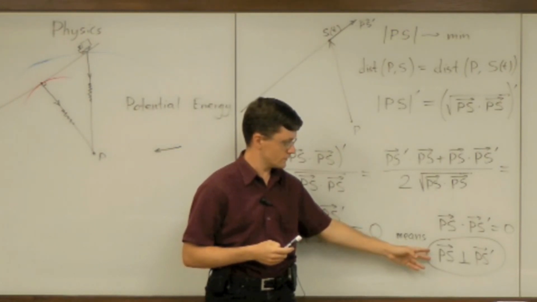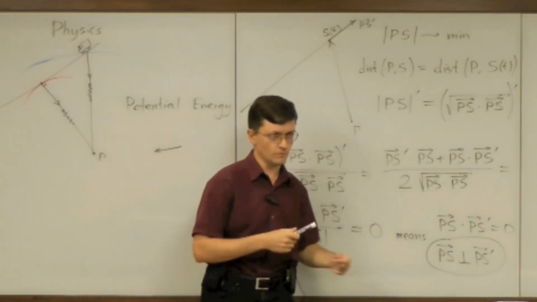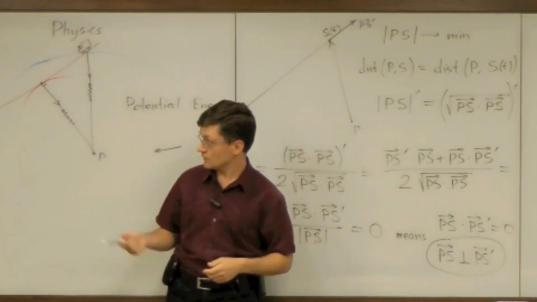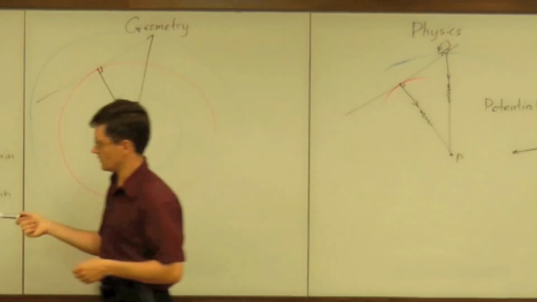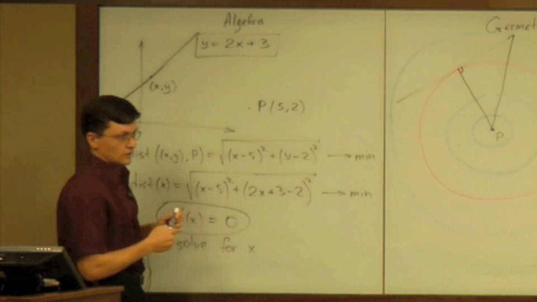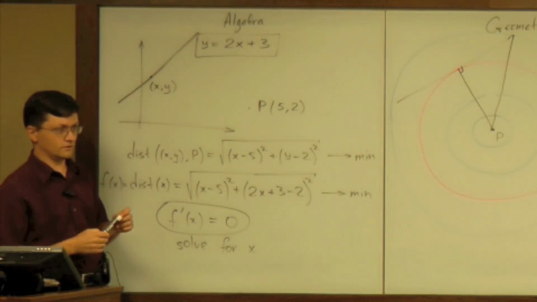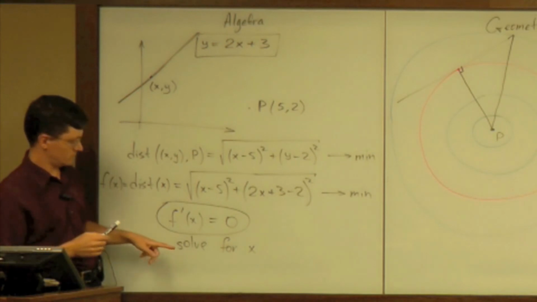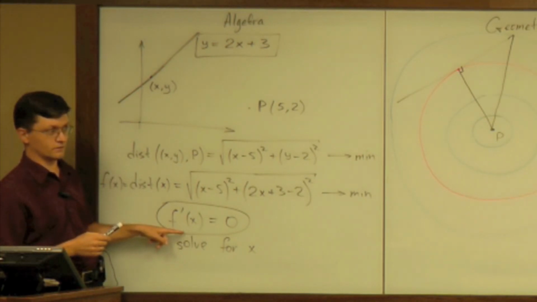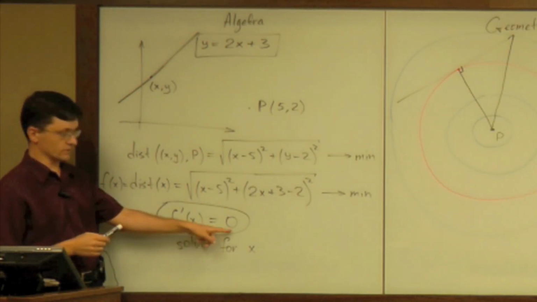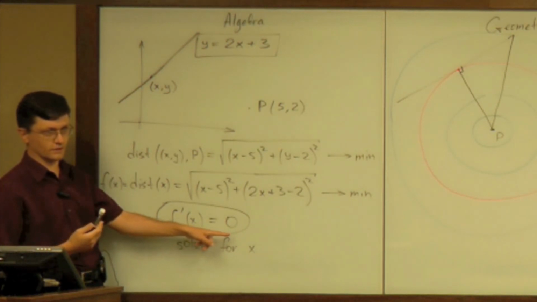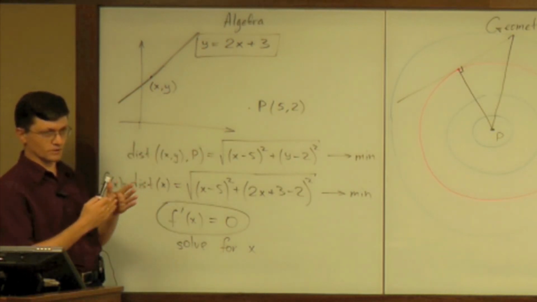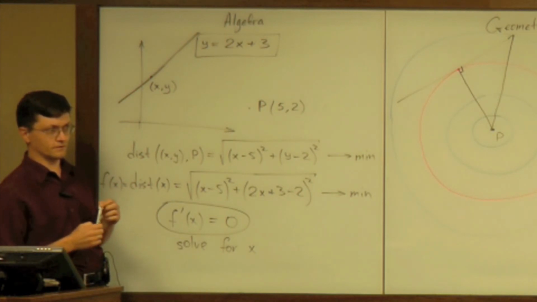So where is this concept of being perpendicular in that algebra solution? So let's go back to algebra. Isn't it exactly this condition? Derivative equals 0 exactly means that 2 things must be perpendicular geometrically.